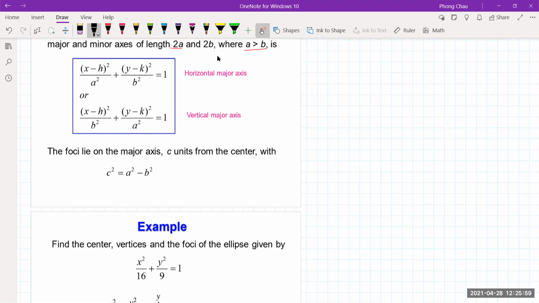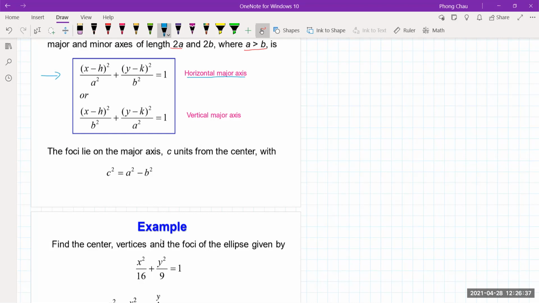Well, don't forget that a is bigger than b. So the difference between the two forms is whether the larger denominator a squared is under x or under y. So I'm looking at the 16 and the 9. 16 is bigger than 9, so that's under x squared. So we will have this case, which is the horizontal major axis.